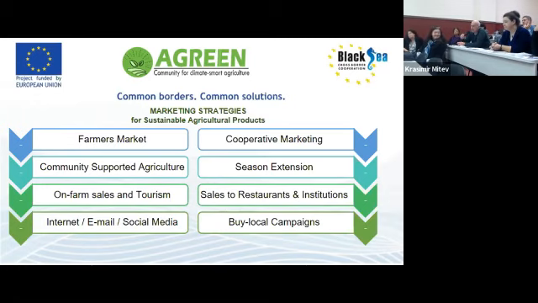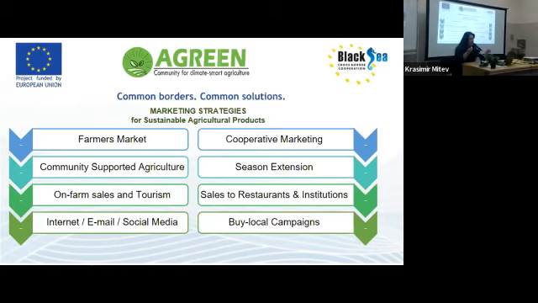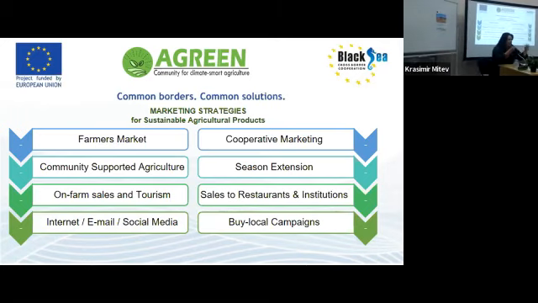If I can give an example, I have come across something that takes into consideration both online sales and getting to know the guy who produces your food. It's an online platform where you can order from a specific producer. You don't just say, I want organic tomatoes.